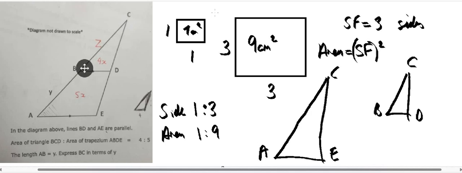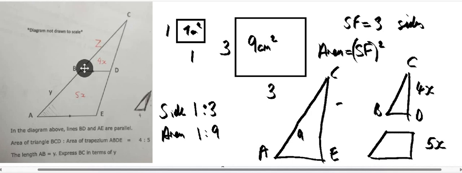Triangle BCD is 4x, and the quadrilateral at the bottom, which is the extra bit, is 5x. So now that means that this big triangle, which incorporates both of them, must be 9x.